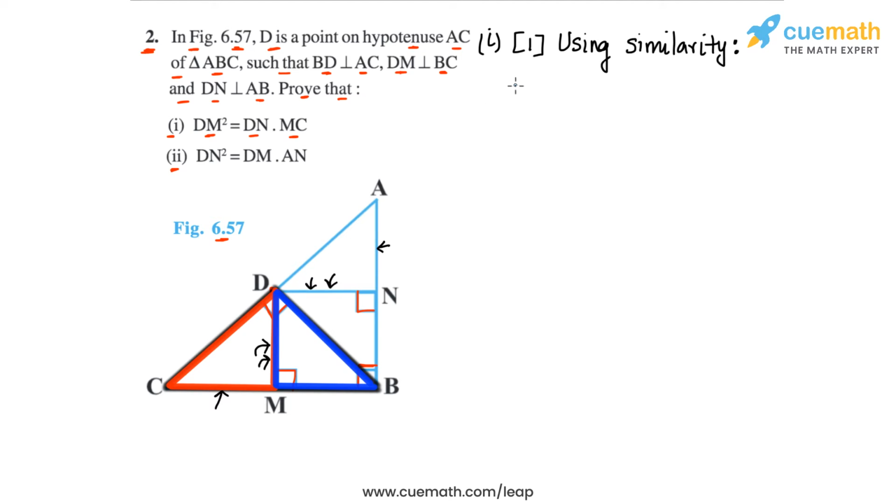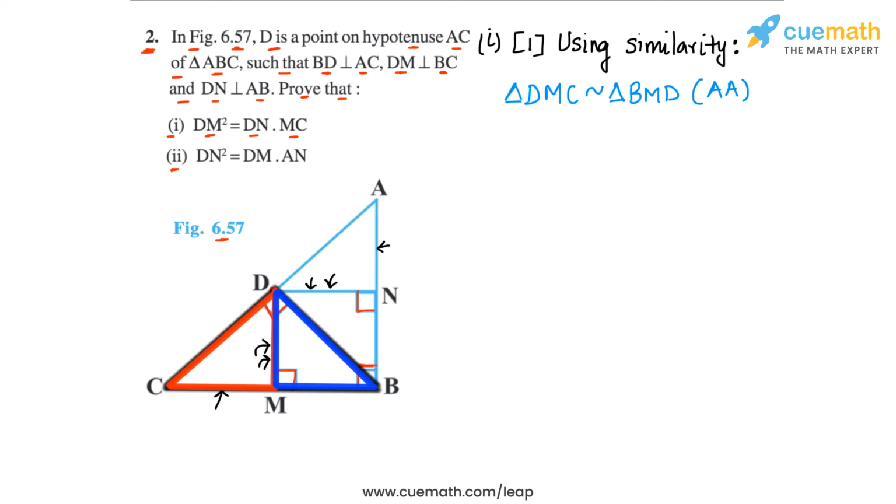The result is that triangle DMC, which is this red triangle, is similar to triangle BMD, which is this blue triangle. Basically you can compare the corresponding angles and apply the AA similarity to show that these two triangles are similar. I will leave it to you to fill in the details on your own.